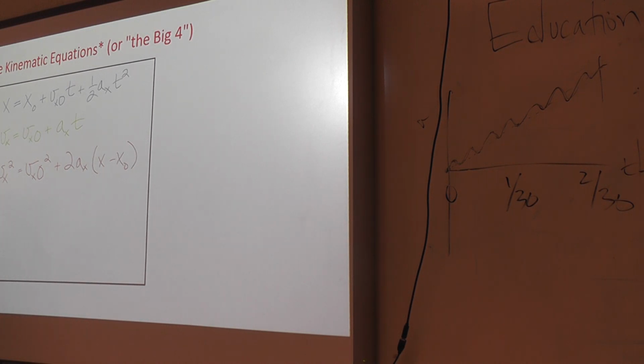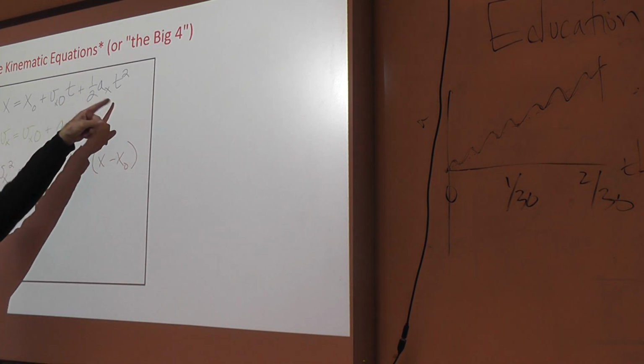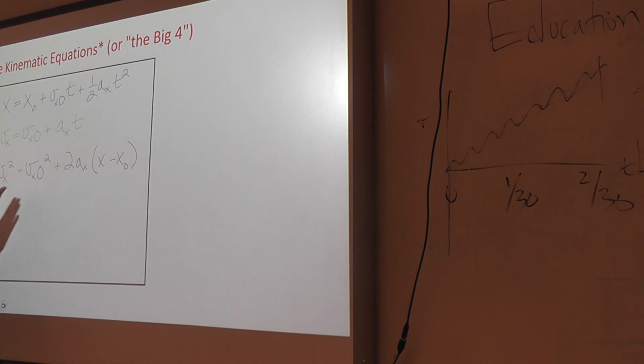And that's like, why would you ever use that? That's such a weird, cumbersome equation with squareds, and you'd have to do square roots and all sorts of crazy things. But the nice thing about this one, we don't have to know time at all. We've got variables in there, but we don't have time. And that can be super handy if you go back to like the car crash problem. Like if you think about a car slamming on the brakes, skidding to a stop, you know its final velocity is 0 because it's stopped.